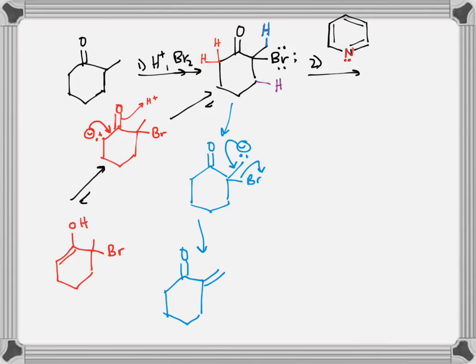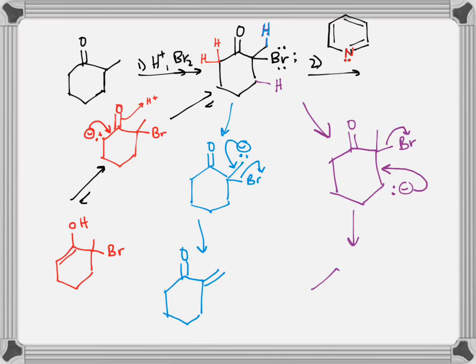What happens if instead we use the purple hydrogen? We get that negative carbon again. Is that negative carbon good? No, not happy. What does it do? It tries to find something positive, which is that carbon next door, and we kick out our bromine as a good leaving group.